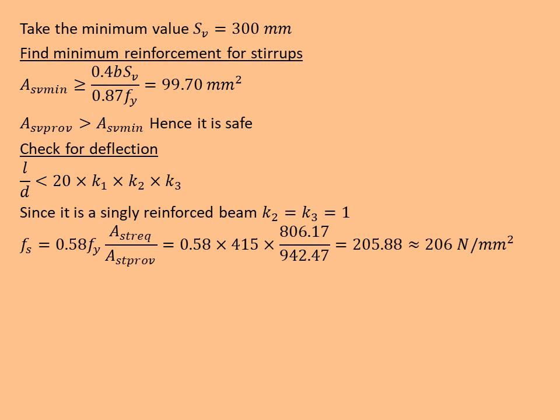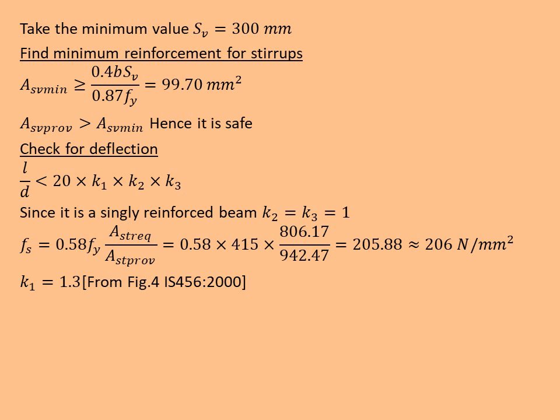Now how do we find it? We can find the steel's service loads value, that is Fs equal to 0.58 into Fy into AST required by AST provided. Now we found the Fs value 206. In figure 4 of IS 456-2000, there's a graph in which y-axis is the modification factor and x-axis is the PT value and the curve is Fs.